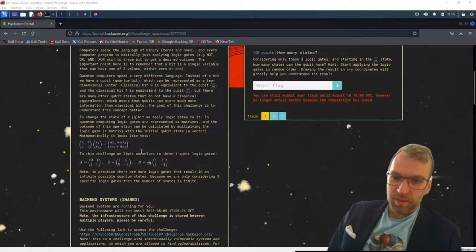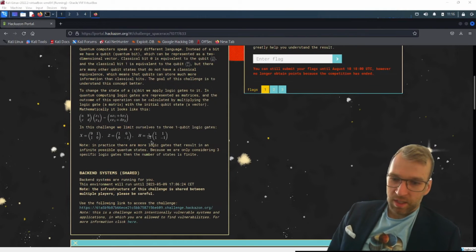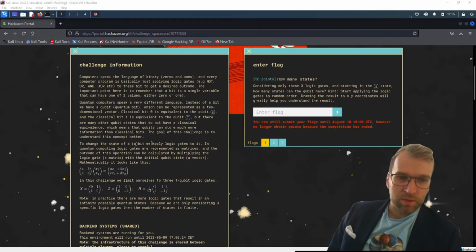In this challenge, we limit ourselves to 3 1-qubit logic gates. And then there's a note that in practice, there are more logic gates that result in infinite possible quantum states. Because we're only considering 3, the number is different. Okay, now down here, it just talks about nothing relevant.